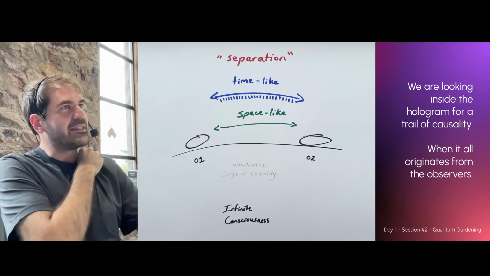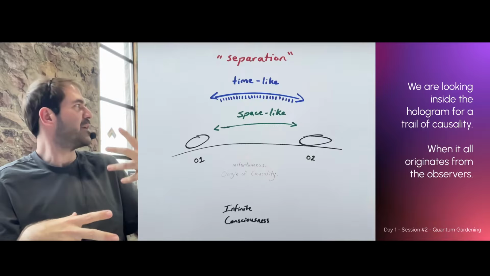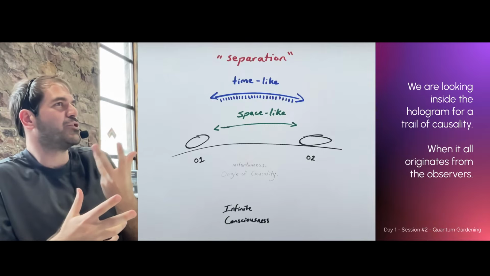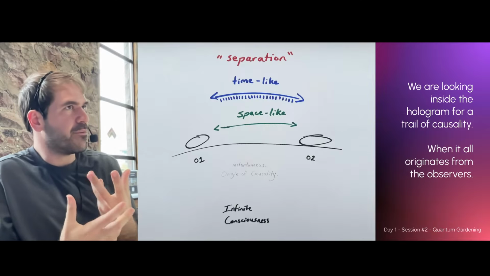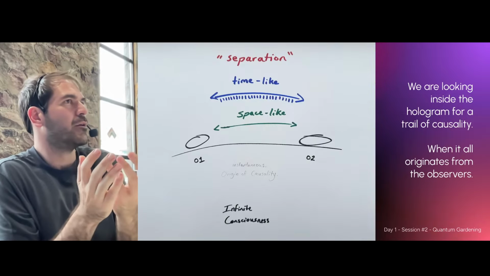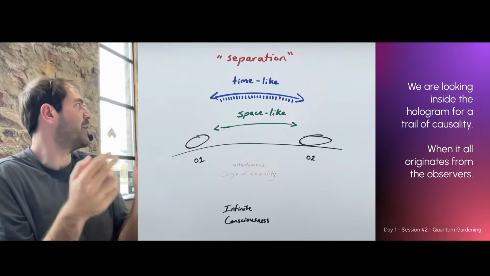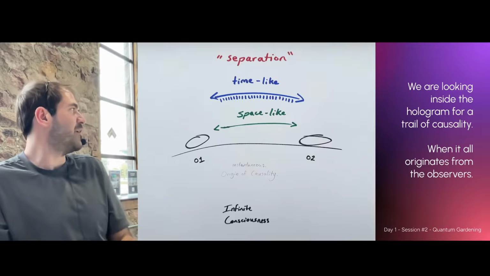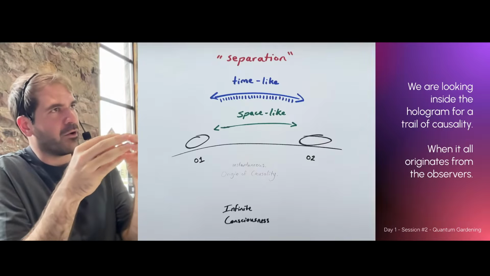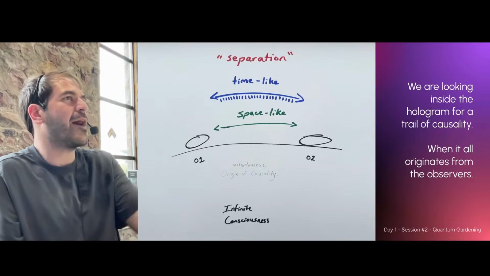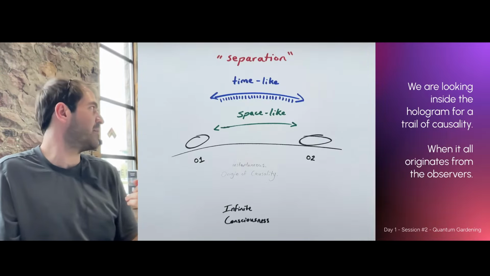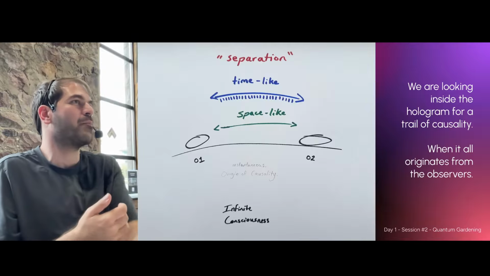So it's like that information is actually being in an entangled gravitational web of observers that are co-rendering a civilization, including the appearance of what looks like time and space separation. But the information in the holographic rendering doesn't have a trail of causality that's present there. Instead, the trail of causality completely originates from the observer.